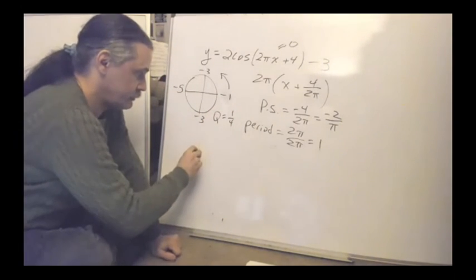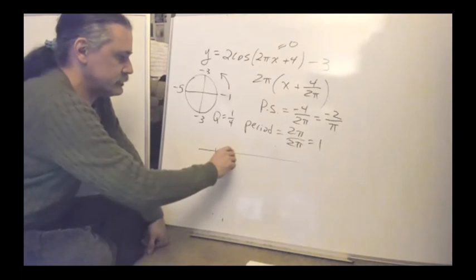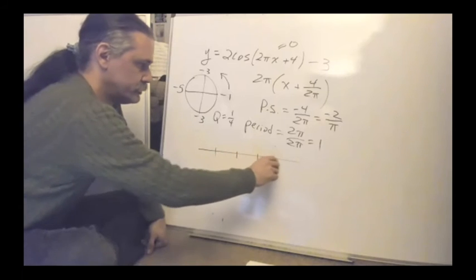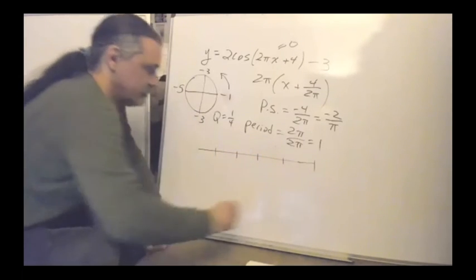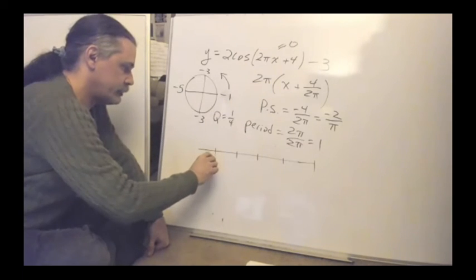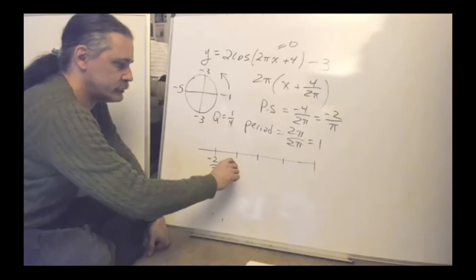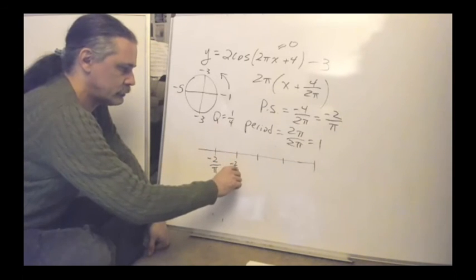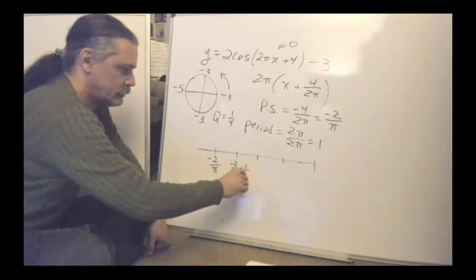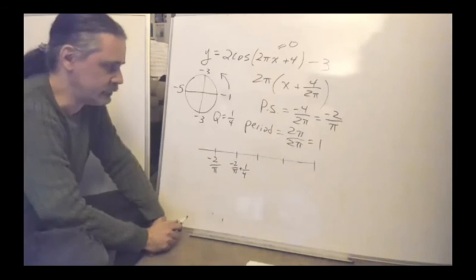All right, so here's our x-axis, and I'll just go ahead and put the intervals there. We're starting at -2 over pi, and then we're going to add 1/4 to get the next one. Now maybe you want to get a common denominator and simplify that, but I'm going to leave it like that.